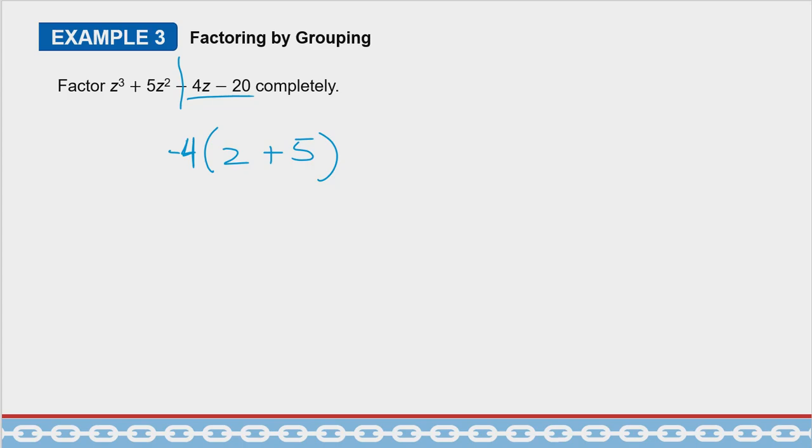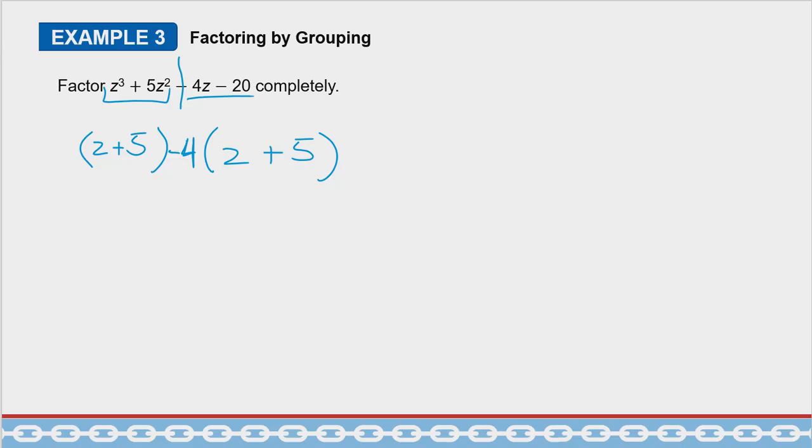Negative 20 divided by the negative 4 is positive 5. Over in the other part, I need z plus 5 over here as well. I need that z plus 5 to be a factor of these two terms.